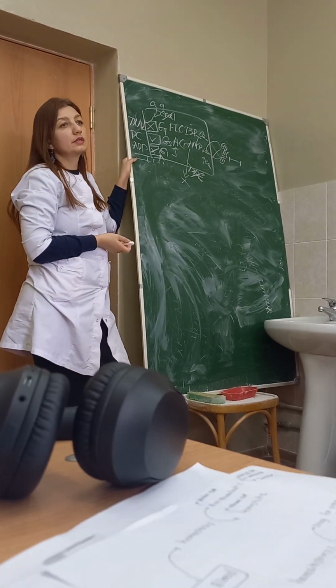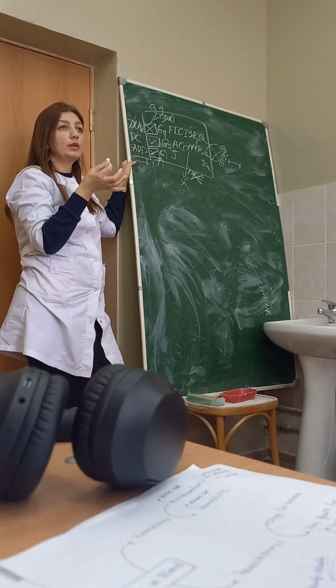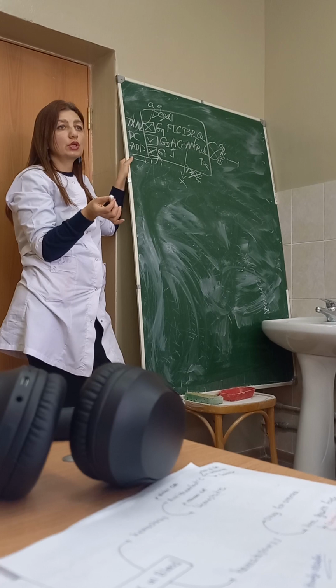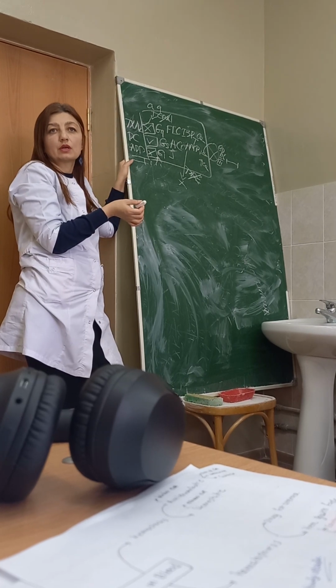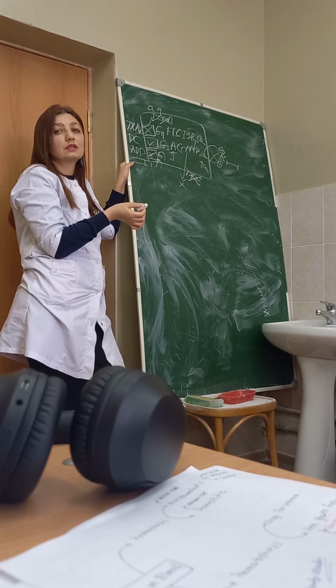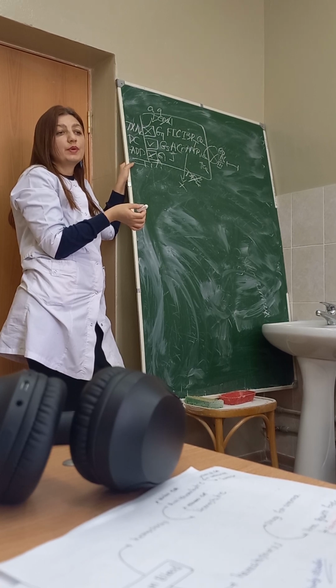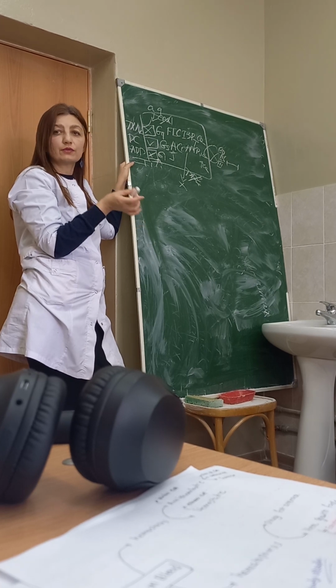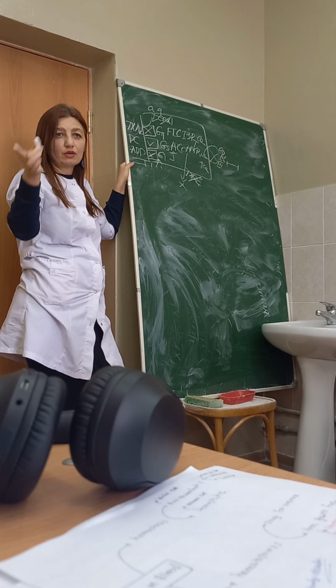We say that to stop bleeding, we need vasospasm. Yes? Can we use drugs which can lead to vasospasm? What drugs? Terlipressin. Terlipressin is the analog of vasopressin. You have this information in your classification.